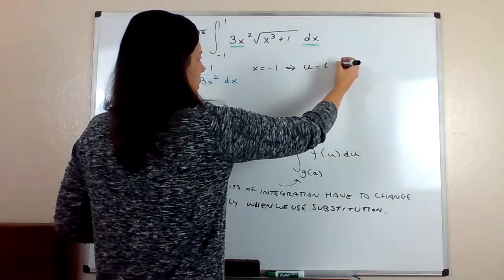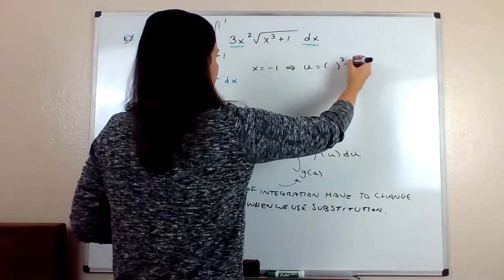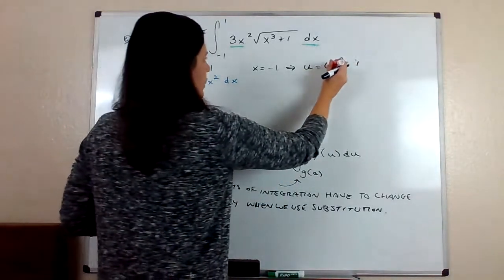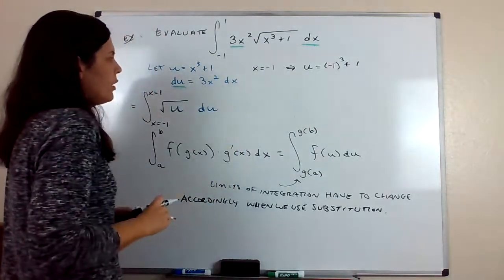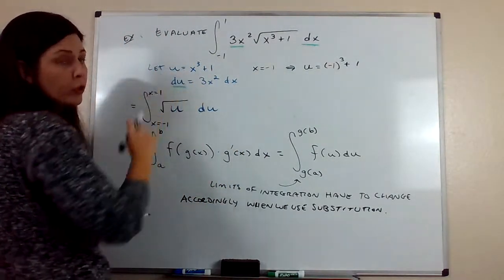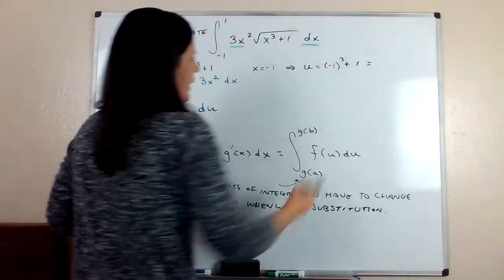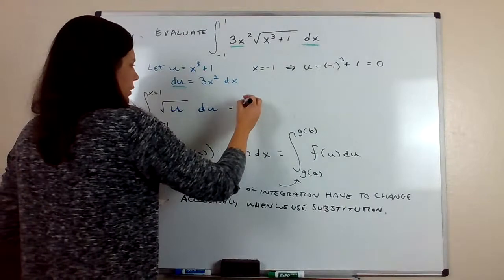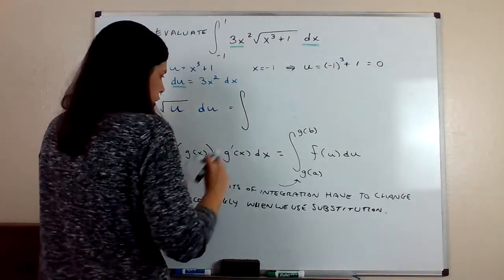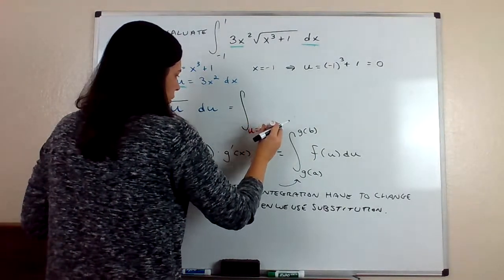So this is going to be -1. Let's keep this all red. -1 cubed plus 1, based on my choice for u. So if I simplify that, that's going to be 0. So my new lower limit for my integral is u equals 0.